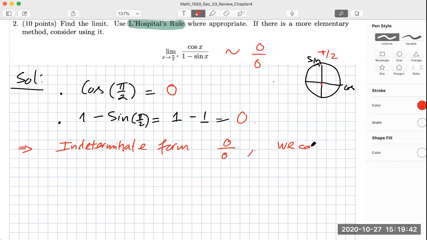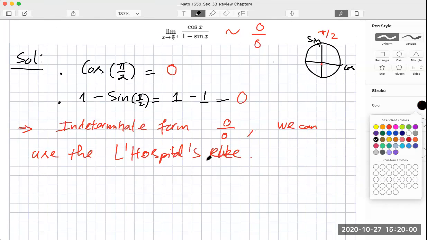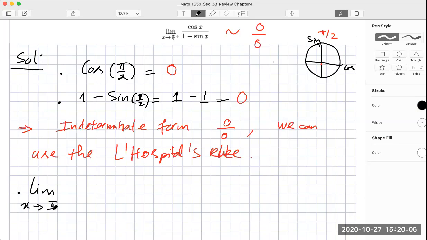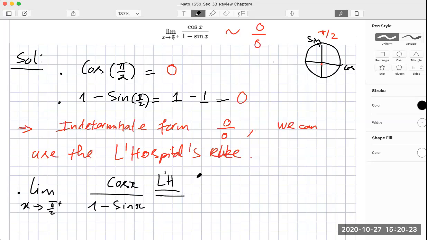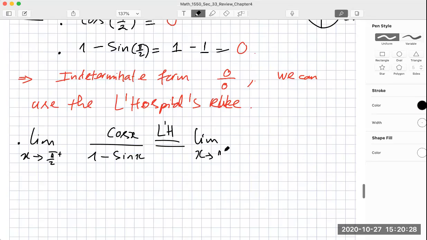So we can apply the L'Hopital rule. And the L'Hopital rule tells us that the limit when x approaches pi over 2 from the right-hand side of the function cosine of x divided by 1 minus sine of x is equivalent to the limit, the same, x approaches pi over 2 from the right-hand side, of the derivative of the numerator divided by the derivative of the denominator, right?